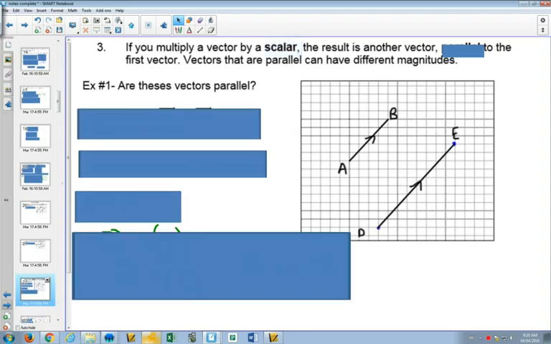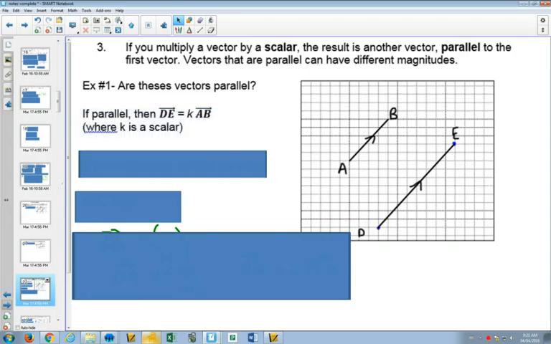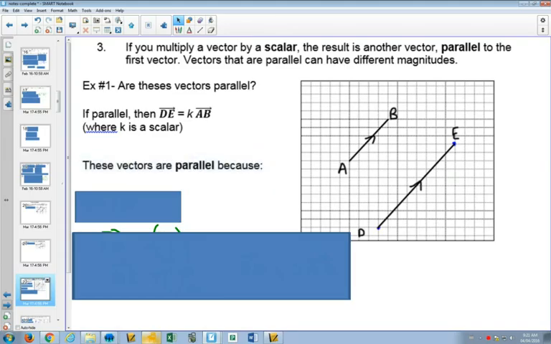And if you multiply a vector by a scalar, by a certain amount, it increases its magnitude, and those vectors will always be parallel, just one will be longer than the other. So what we have to find out is if two vectors are parallel, one will be a multiple of the other one.